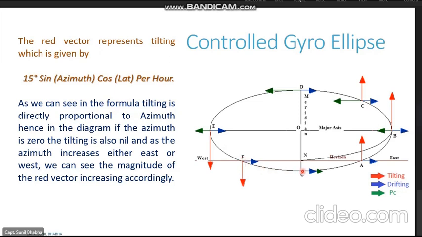Foxtrot to Golf, the azimuth comes down, becoming 0 eventually at Golf point. So similarly, the tilting also keeps on coming down, reducing, decreasing, and eventually becomes 0 at point Golf. So at every point on the ellipse, the magnitude of the tilting vector matches with the magnitude given to us by the formula.